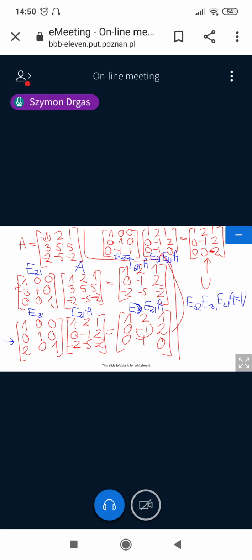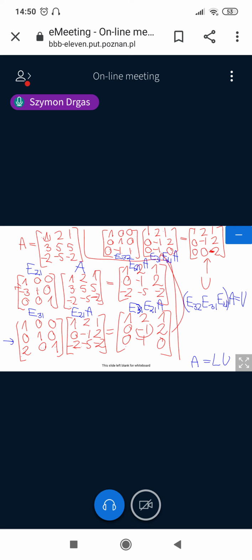Now our goal here is to find how we can write A as LU. So we can multiply this equation by the inverse of this whole expression.